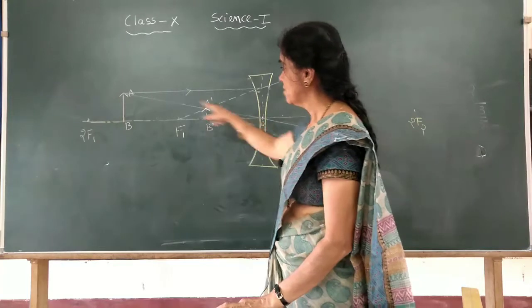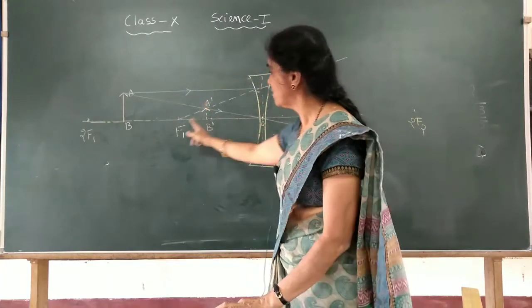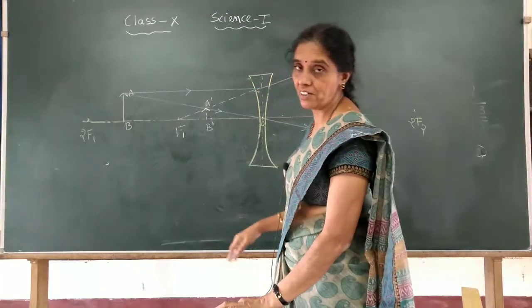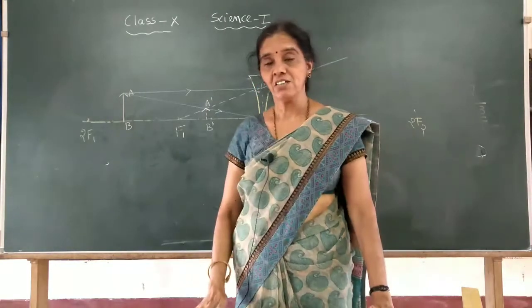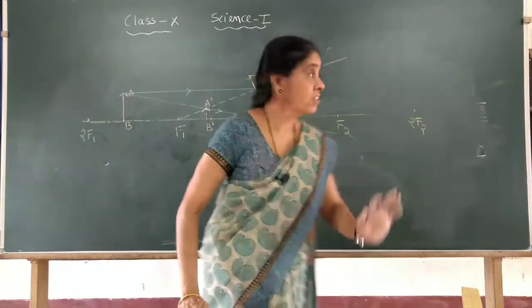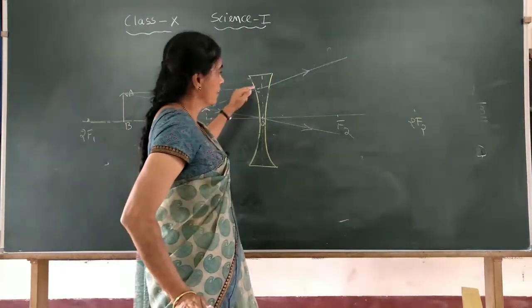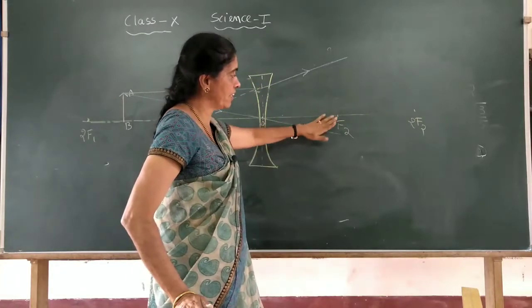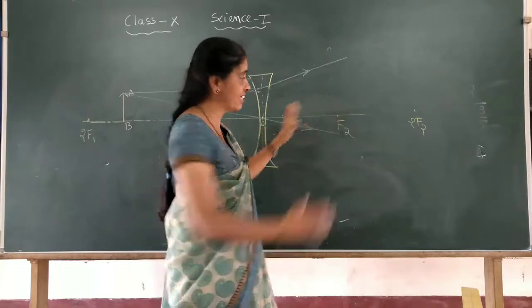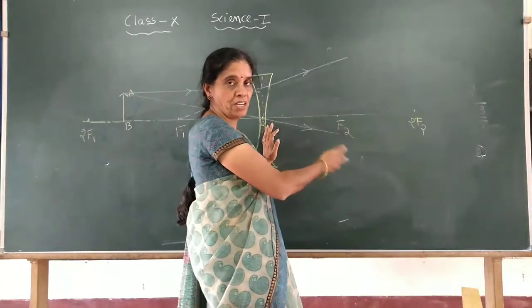In the case of focal point or focal length, for a concave lens, when the rays travel, the focal point will be on the same side, so it is negative. But for a convex lens, the focal length we take as positive, because the rays will converge and meet here, and the focal point will be to our right side, where the x-axis numbers are positive.